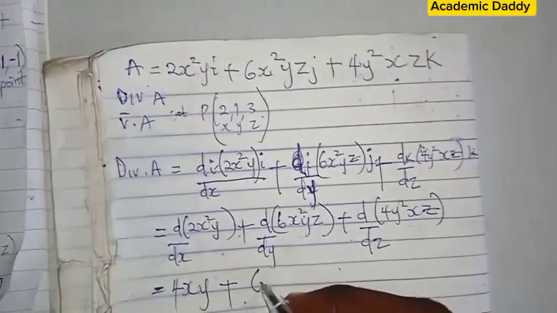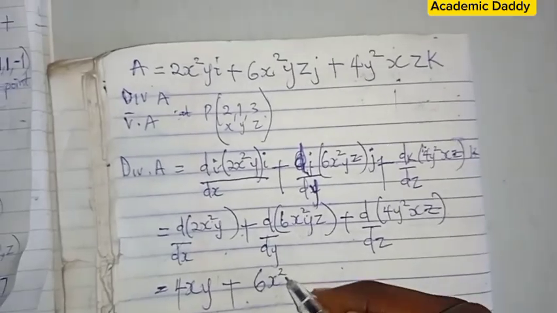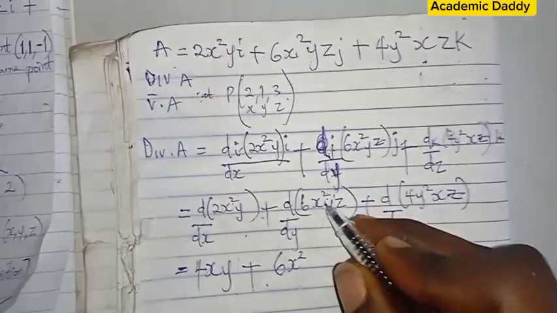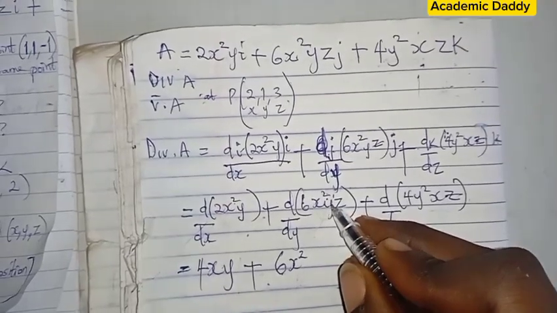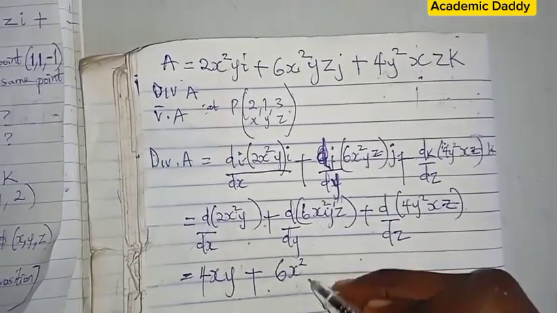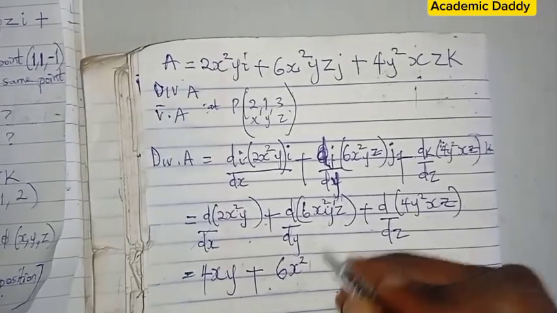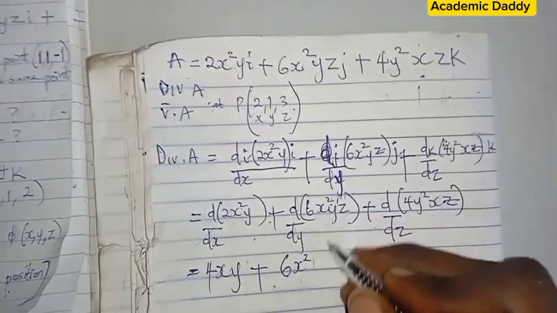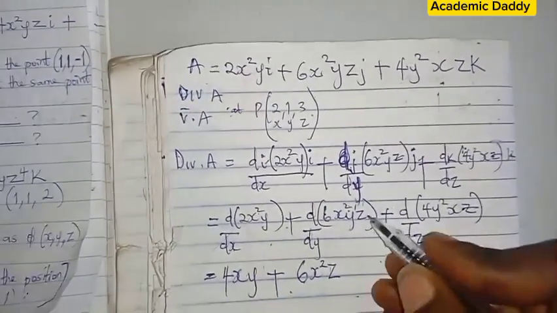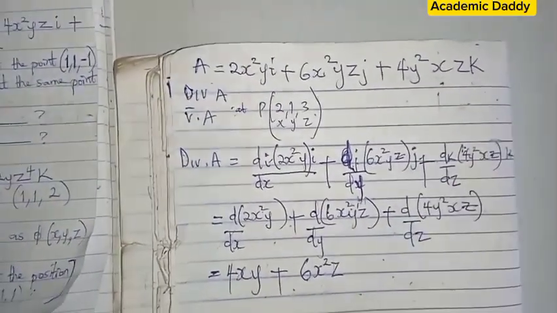So we just write 6x squared. Then y here has power of 1, 1 times y, then 1 minus 1 is 0. Anything raised to power 0 is 1. Then bring the z. Why we are bringing the z is because they are tied together, they are products. If not, assuming it's plus z, we take it as 0, we ignore it.